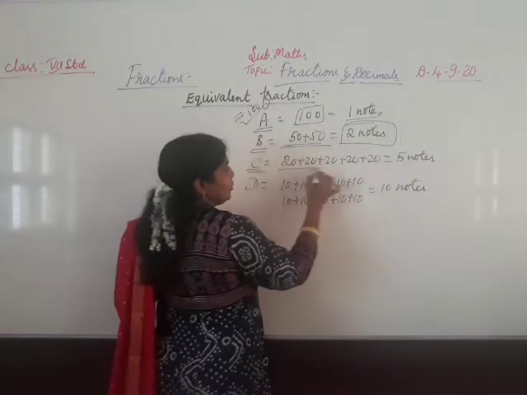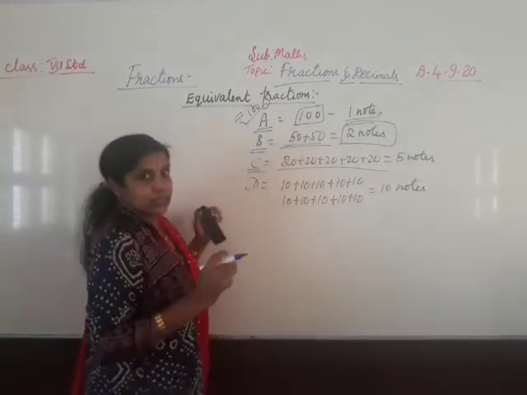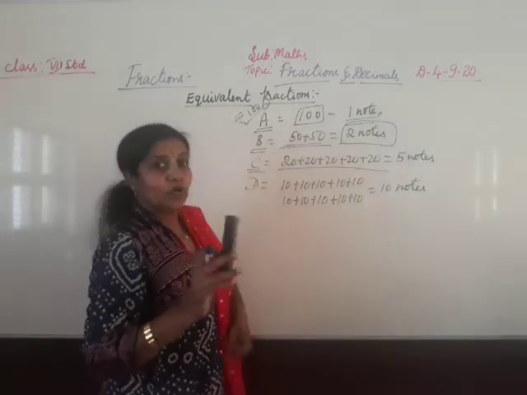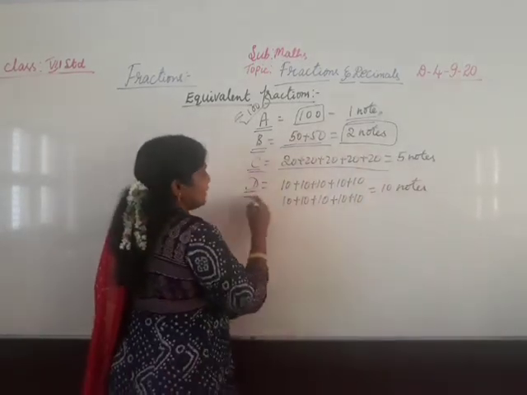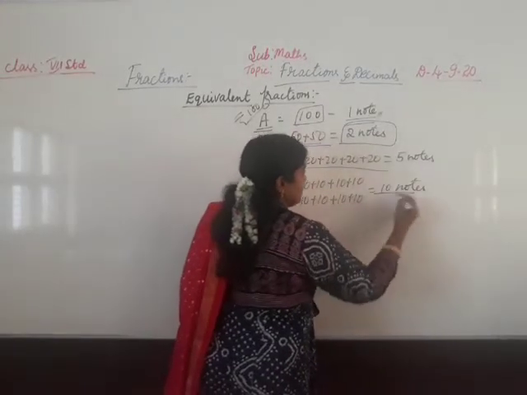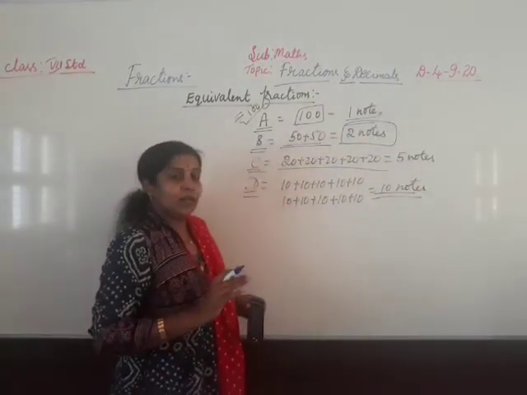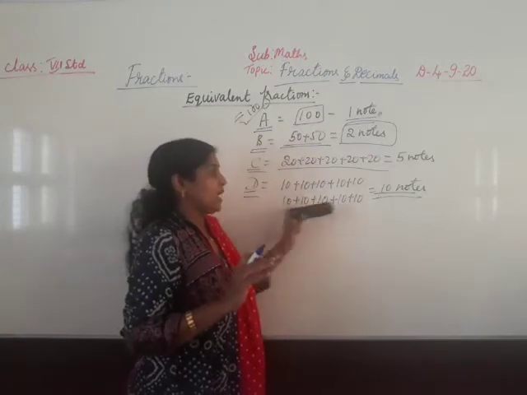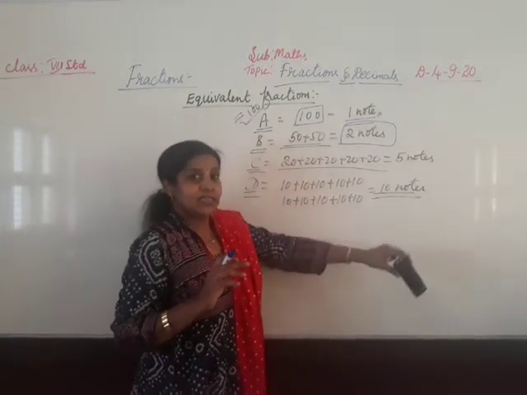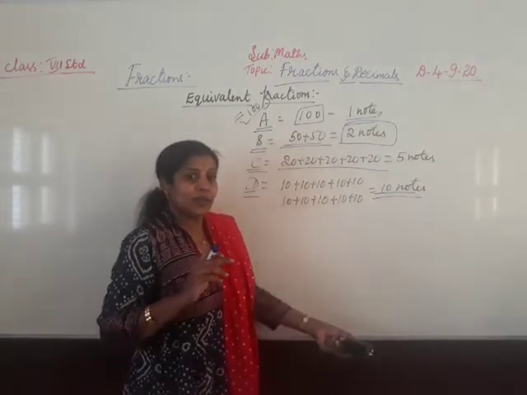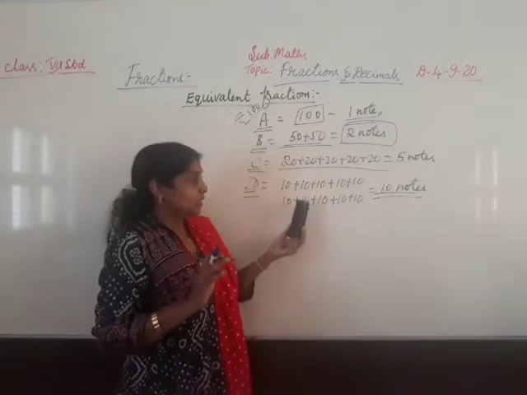C is having 5 notes, but the value is 100 only. D is having 10 notes. The value of that amount is 100 only. If he is having 10 notes, does it increase to 105 or 110 rupees? No. It is 100 only.